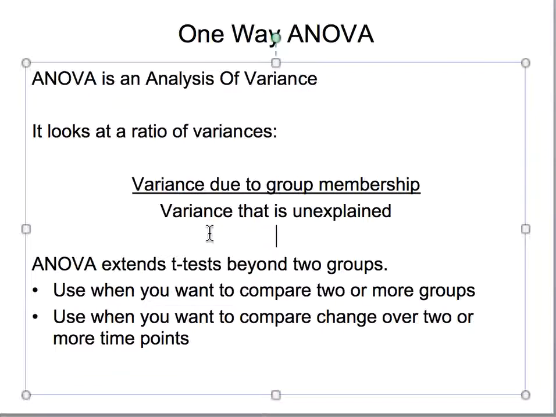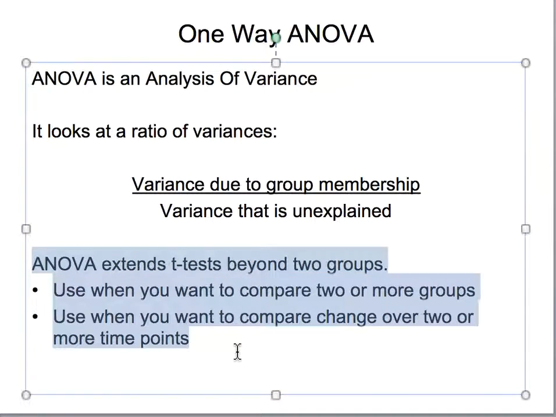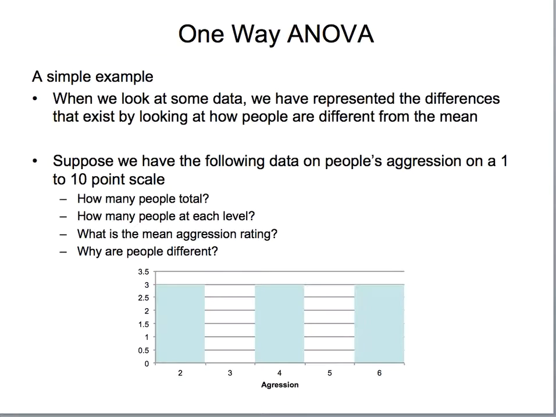ANOVA allows us to look at how people change over 3 time points or 4 time points, or we can look at how people are different, whether they're from 1 group, 2 group, 3 group, or 4 groups. Okay, so I use ANOVA when I kind of have a scope beyond just a basic t-test.